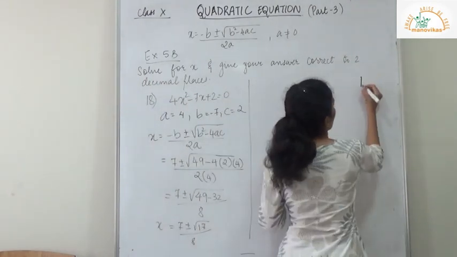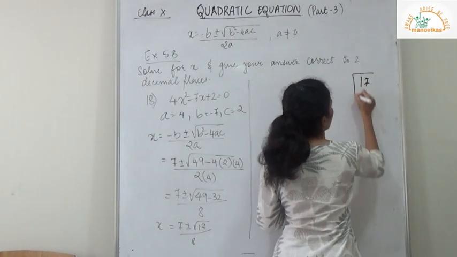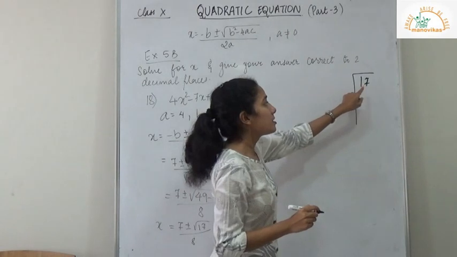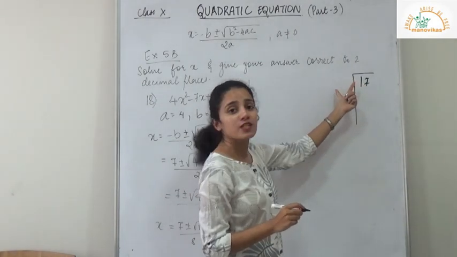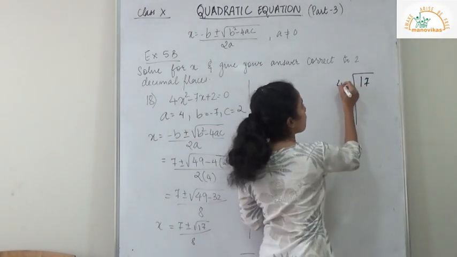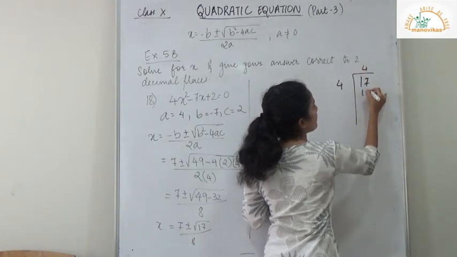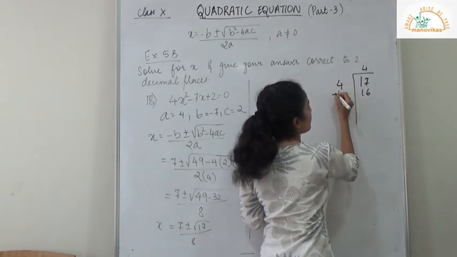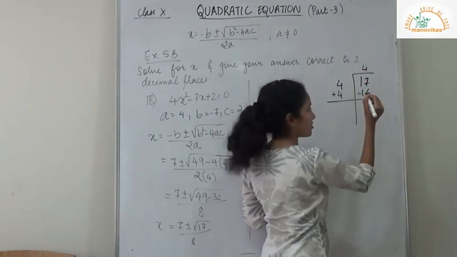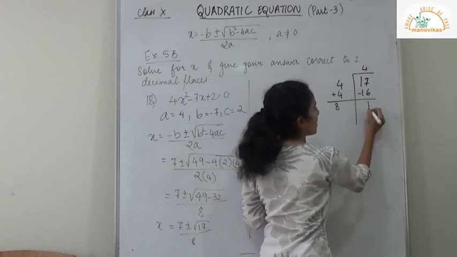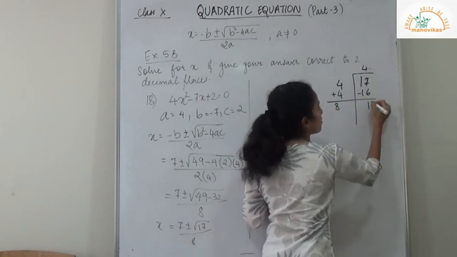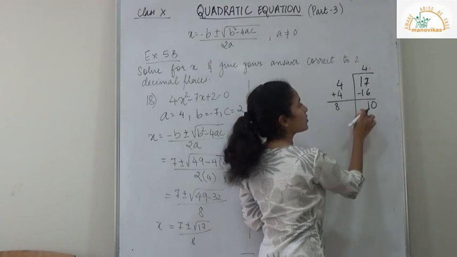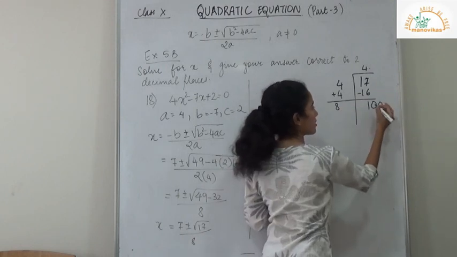So let us find the square root of 17. So the smallest perfect square closest to this number is 4. 4 fours are 16. That 4 will be added here, and this is subtracted here. So this is 8, 1. Then 0, 0. If you start with any number here, it will still be greater than this, so another 0.